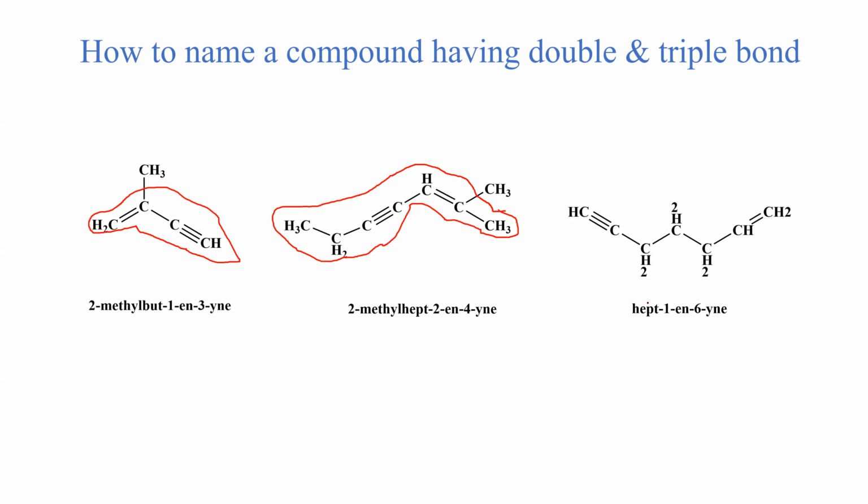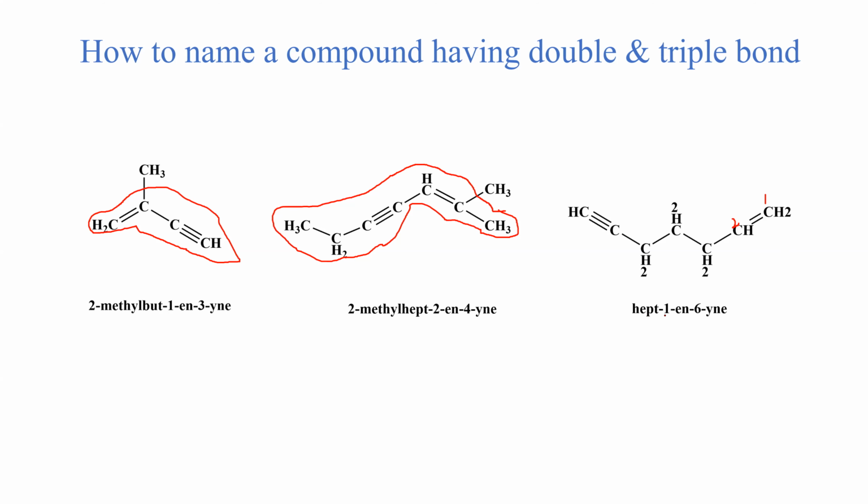Now this one is 1, 2, 3, 4, 5, 6, and 7. So this is the hept, and from which side do I have to start numbering? Definitely from this side. This is the 1, the second and third, 4, 5, 6, and 7. So the triple bond is between carbon 6 and 7, and the double bond is between carbon 1 and 2.